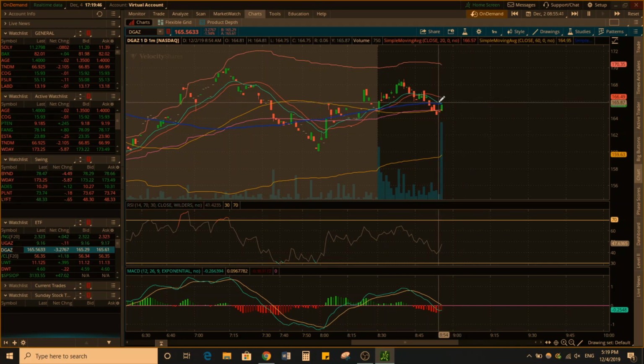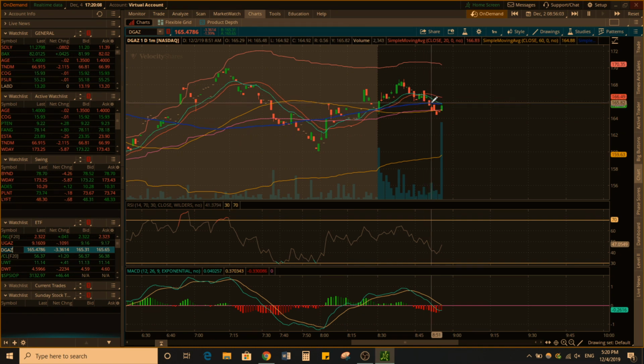Once it breaches this blue line and this blue line, I'm going to add some more to my position, because I need to make sure that it confirms that it goes above it. I might wait for it to go above it a little bit, then fall back to this line.